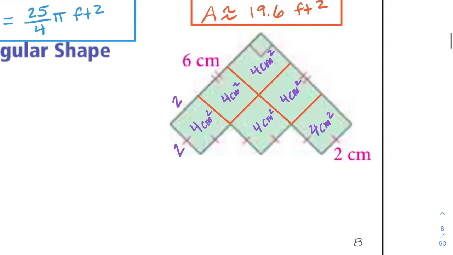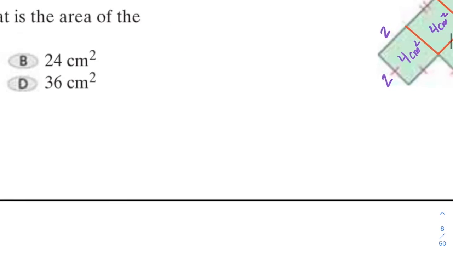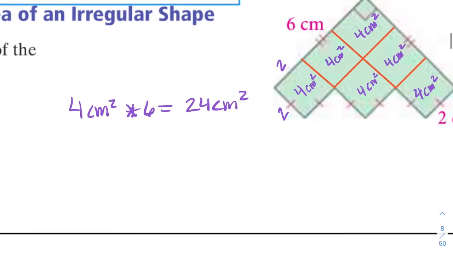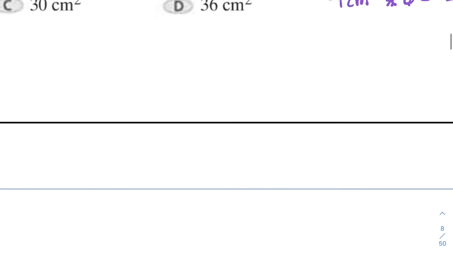So it looks like it happens 3, 4, 5, 6 times. So we have 4 centimeters squared times 6 squares, which is 24 centimeters squared, which is the answer to B. Okay, so again, you could have broken that up into bigger rectangles and a square if you wanted, and that would have been fine too.